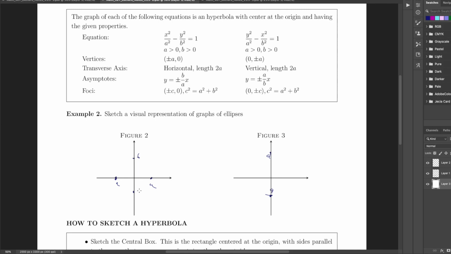We'll have B here and B here, based off of this, and we'll draw the box right here.